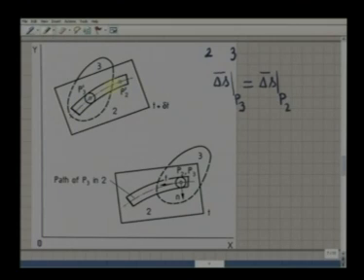That is, the vector P3 P3 prime is P2 P2 prime plus P2 prime P3 prime.